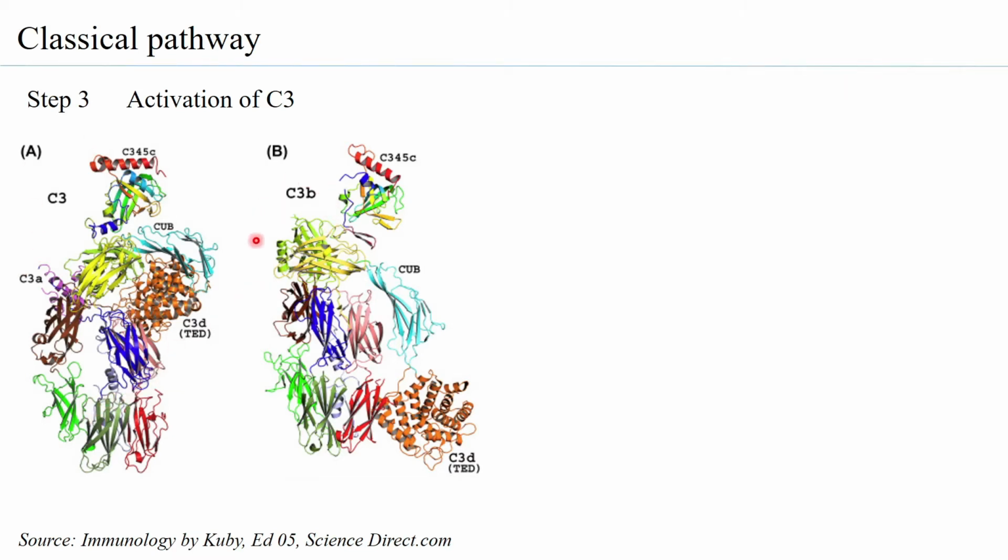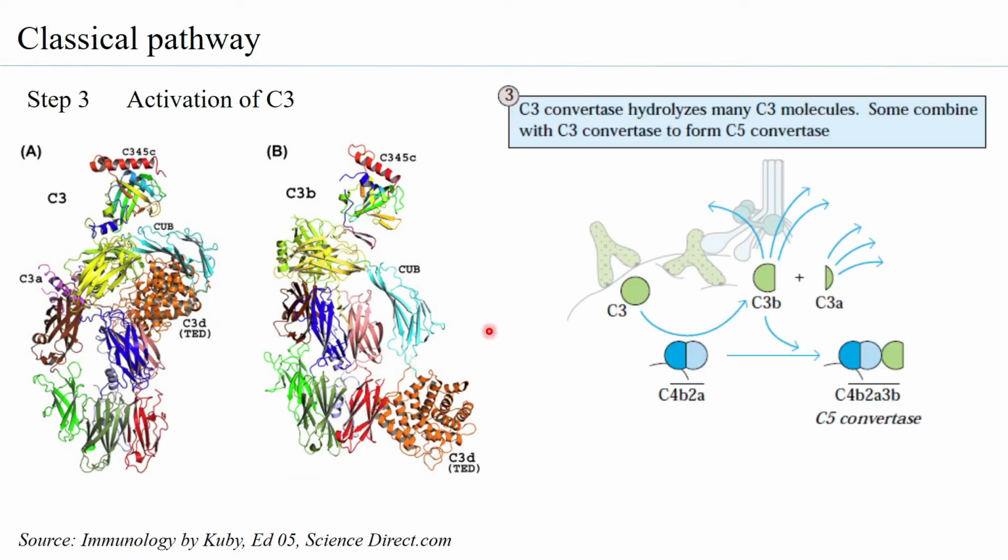So what remains behind is C3b, and as you can see, there is a conformational change which leads to two domains getting activated. In this case also, one domain can bind to the membrane and the other domain can bind to another constituent.